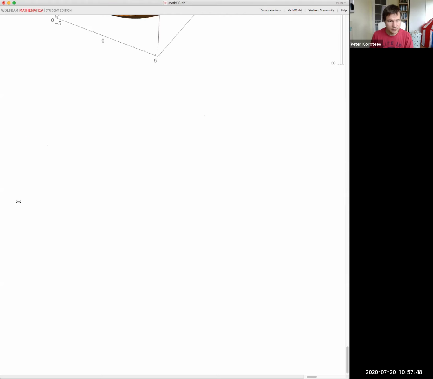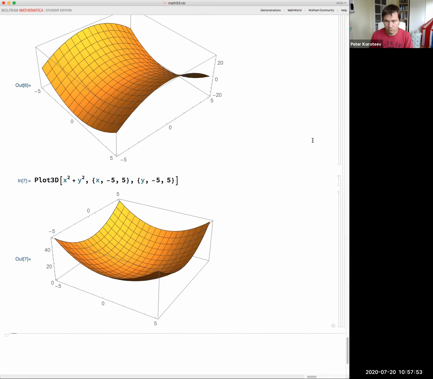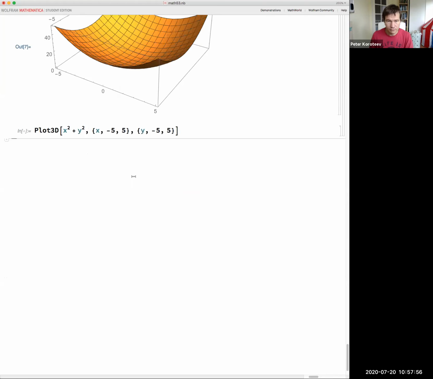Let's do one more example. Some more interesting quadratic polynomial, or maybe even a quartic polynomial. So let's say take 10xy minus 5x squared minus 4 minus x to the 4 minus 2y to the 4.